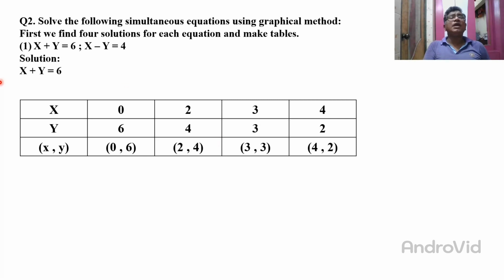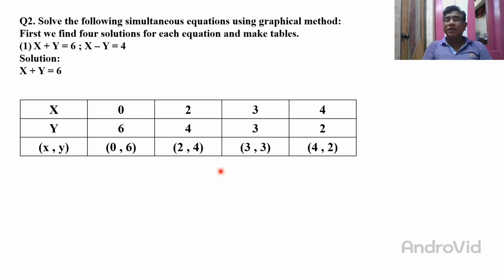Then x value 3, 6 minus 3, you get 3. So (3, 3). Then x value I take 4, so 6 minus 4 leaves 2. So (4, 2). In such a way you get the values.